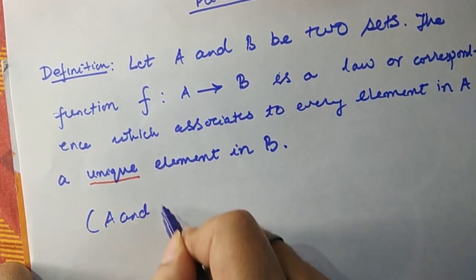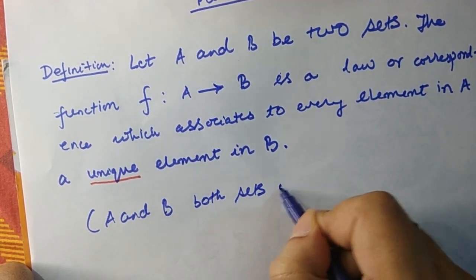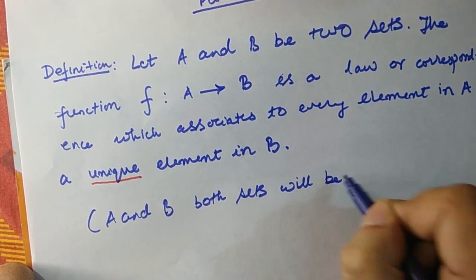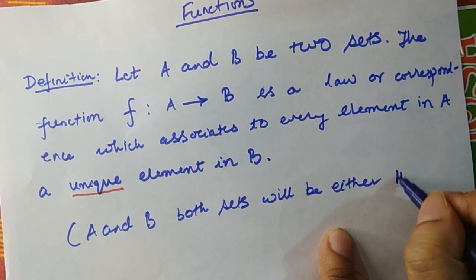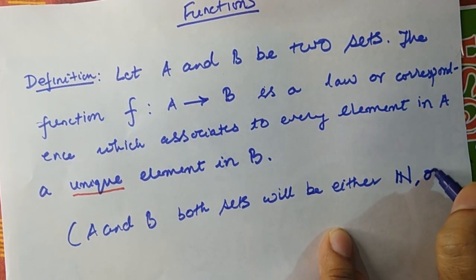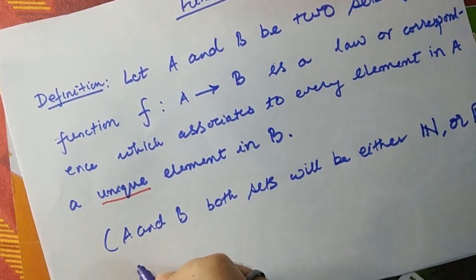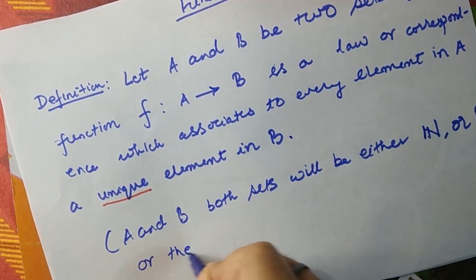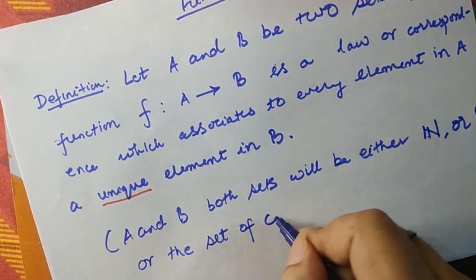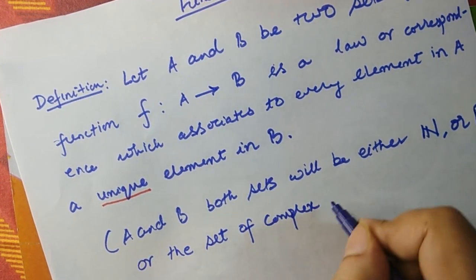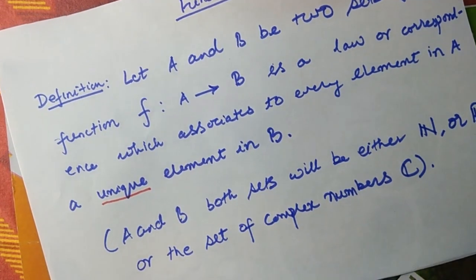Both sets will be either the set of natural numbers N, or the set of real numbers R, or the set of complex numbers C.